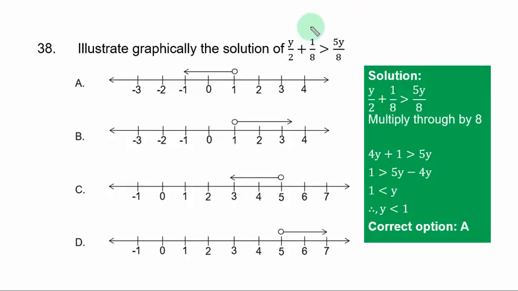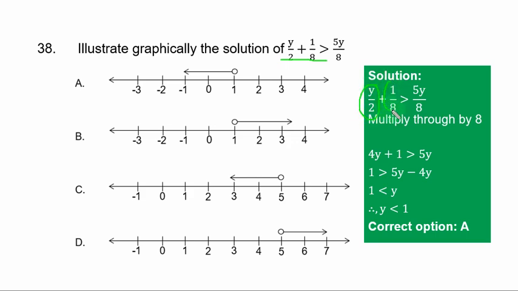Question 38. Illustrate graphically the solution of y over 2 plus 1 over 8 greater than 5y over 8. I always prefer clearing fractions to ease the solving. To do that here, multiply through by the LCM of 8. If you multiply this term by 8, you have 4y.